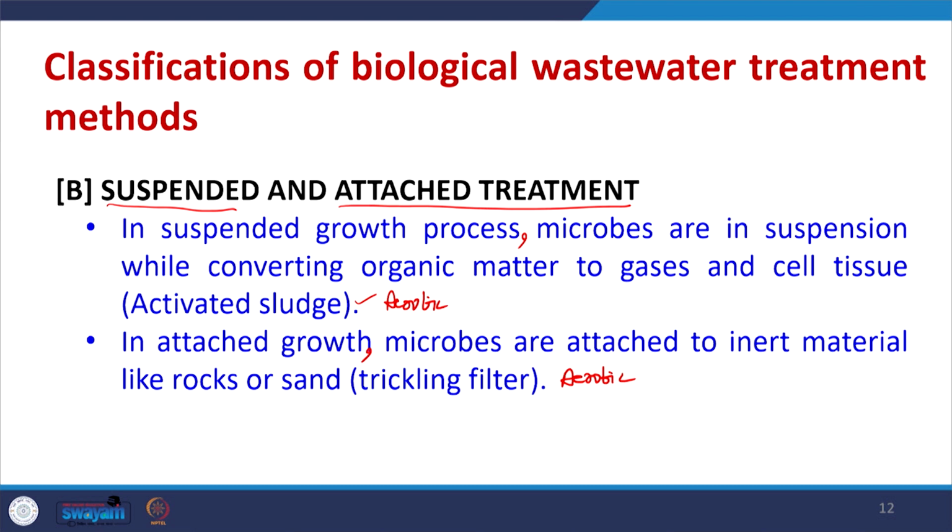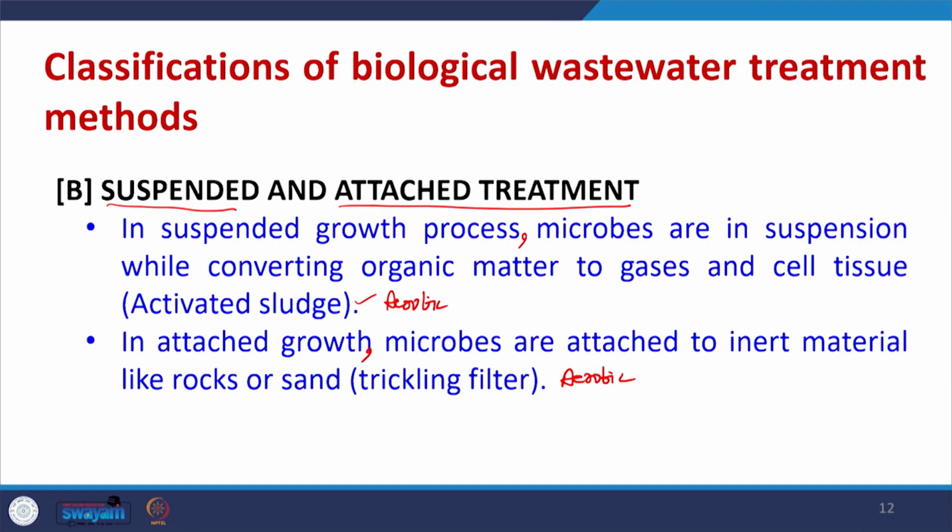It may be rock or it may be other types of packing material also, and the water is dispersed from top and flows over these rocks and sands, and the microbes which are attached to these inert materials convert the organic matter inside the wastewater into CO2 and H2O. So, both are aerobic conditions only, but the method of treatment is different, the efficiencies are different, and there are certain advantages and disadvantages of both the systems.